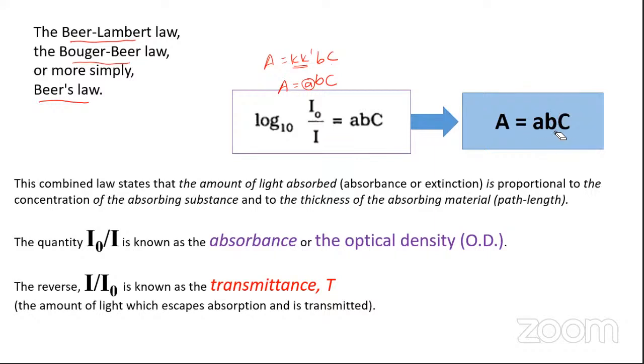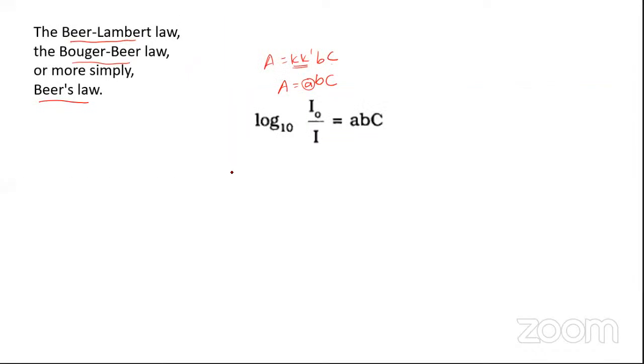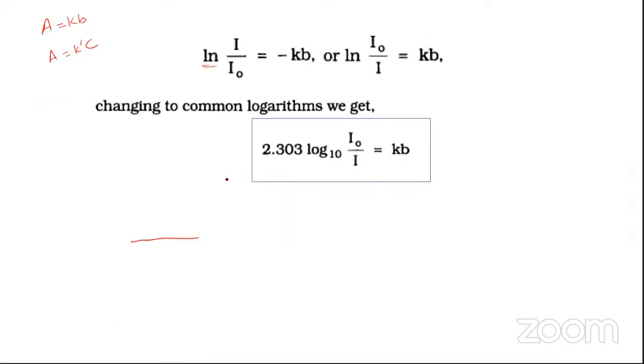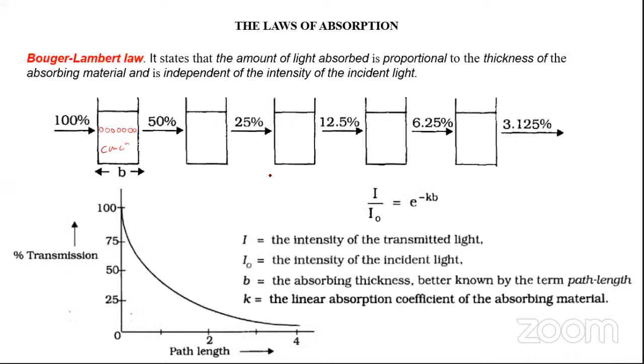Now there is one thing that perhaps you might not have noticed, but I will bring it to your notice, and you will tell me whether it seems to be applicable here or not. When I stated the first law of absorption, the Bouguer-Lambert law, this portion is common in the statement of all laws of absorption.